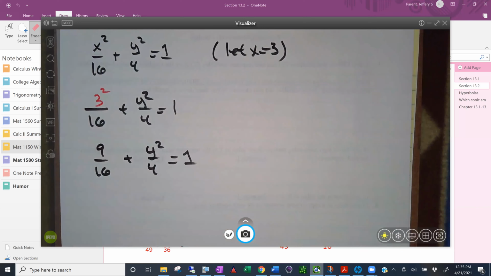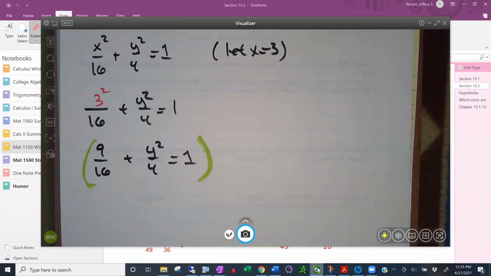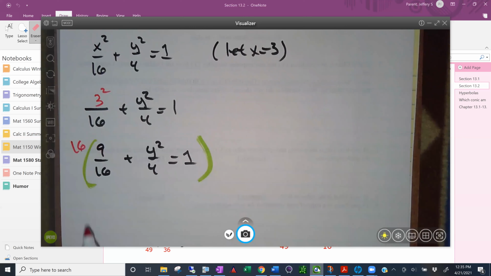Well, it's kind of messy to solve for y. My suggestion to you would be this: let's multiply both sides by 16. That's the lowest common denominator. When I multiply everything by 16, I should get rid of all my denominators. I won't have any fractions left.